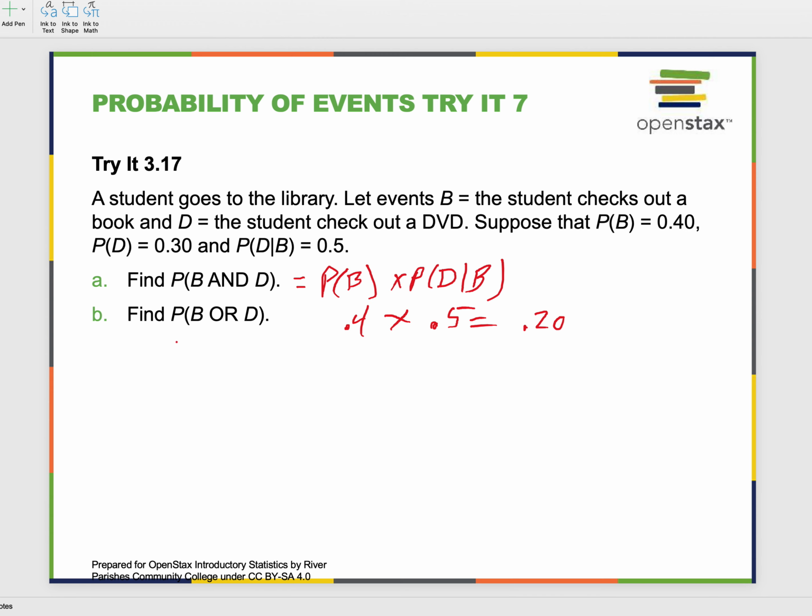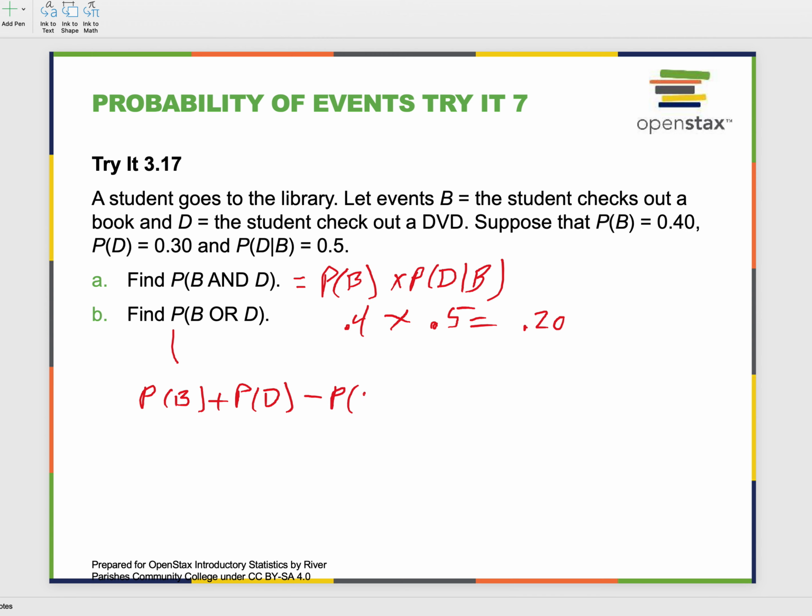How about D or B? Well, we said this is a probability of B plus a probability of D minus the probability of B and D. Because I've got some D in here and I got some B in here. I don't want to double count that, so I got to subtract it out.